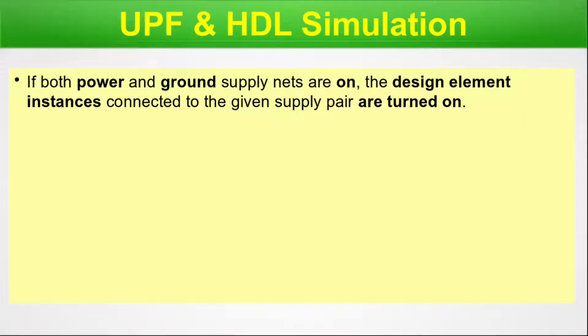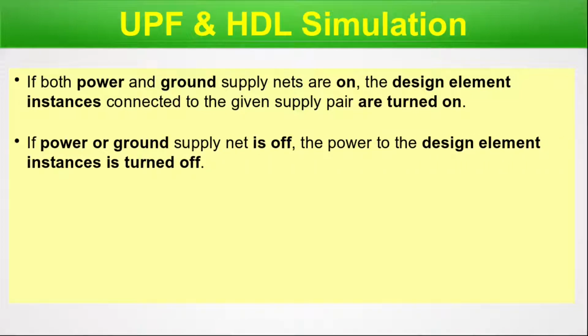Let's move on. Now let's look at what happens in a design which has two or more power domains which may be turned on sequentially during the power up sequence. If both power and ground supply nets are on, the design element instances connected to the given supply pair are turned on.